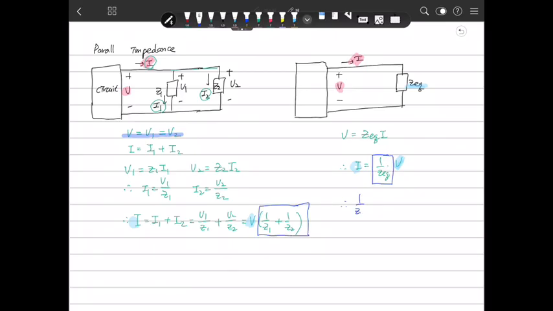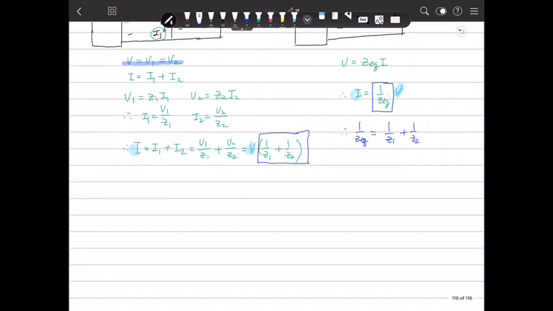Therefore, 1 over GEQ is the same as 1 over G1 plus 1 over G2. Therefore, GEQ is (1 over G1 plus 1 over G2) inverse. So this is the equivalent impedance when the impedances are connected in parallel.